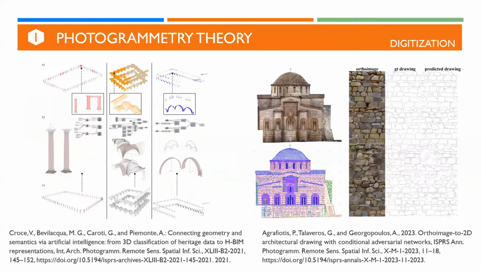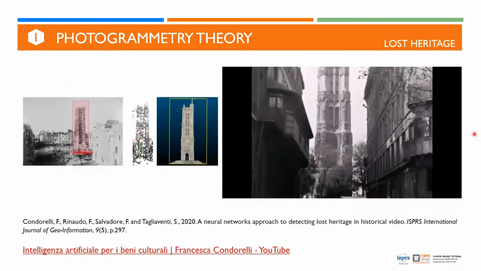This is another example, always performed with artificial intelligence algorithms. So a 2D automatic restitution from an ortho image of 2D CAD drawings. So this is the ground truth, and this is the predicted drawings, as you can see.